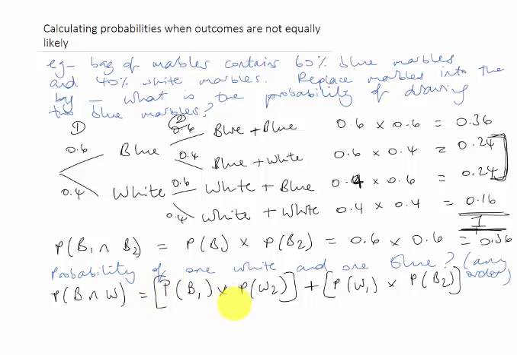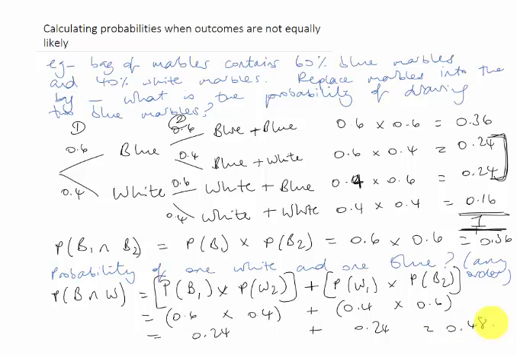So that would be 0.6 times 0.4 plus 0.4 times 0.6. This is just the same as was happening up here. So that's 0.24 plus 0.24, or 0.48.